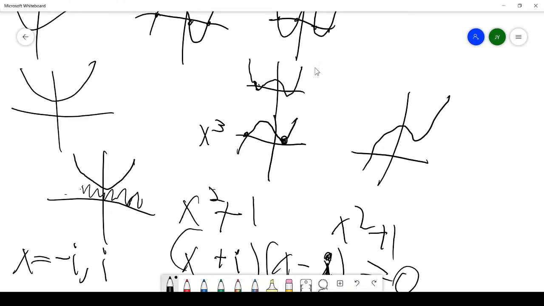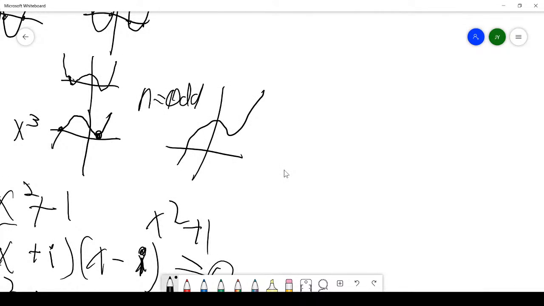However, if n is an odd number, a rule is that there always needs to be at least one real root.